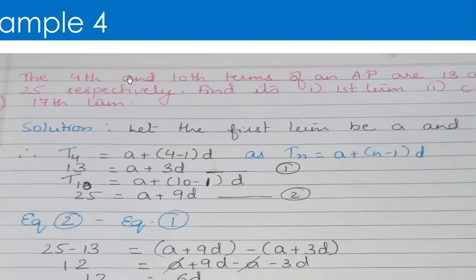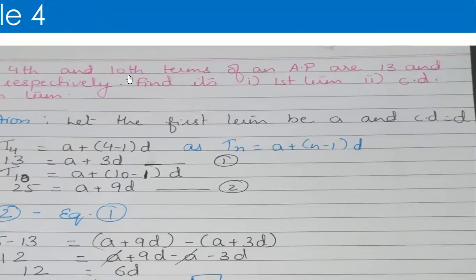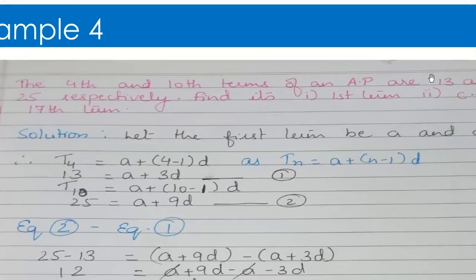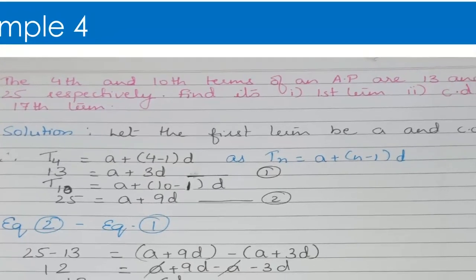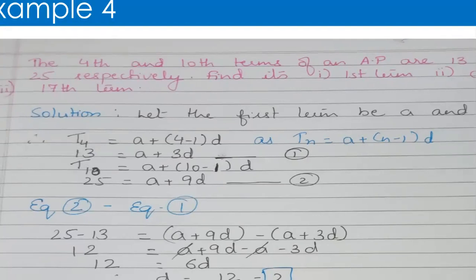So let the first term be A, I have assumed, and the common difference be D. Now I apply the formula Tn is equal to A plus n minus 1 into D. I've been given that the fourth term is 13 and the 10th term is 25.